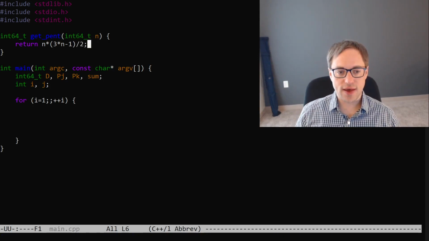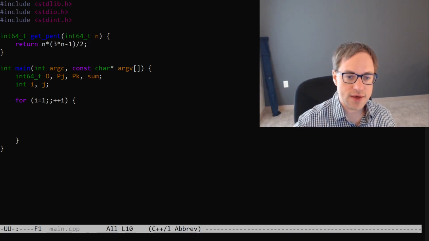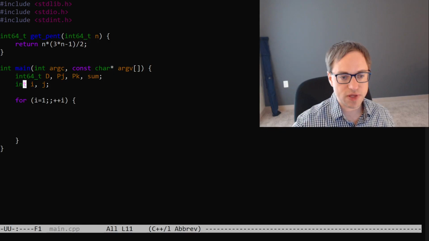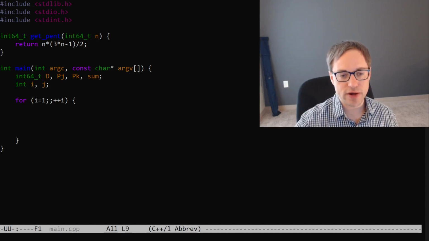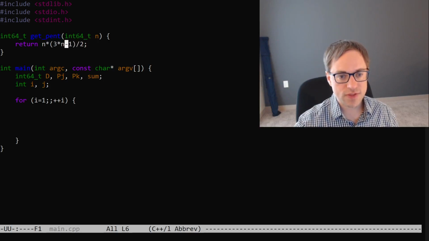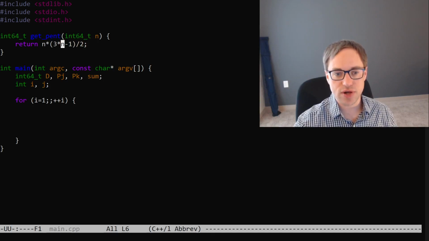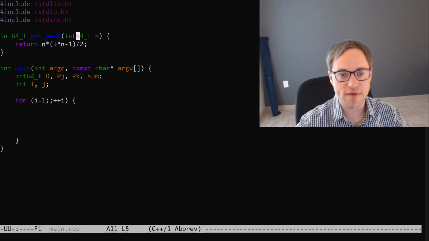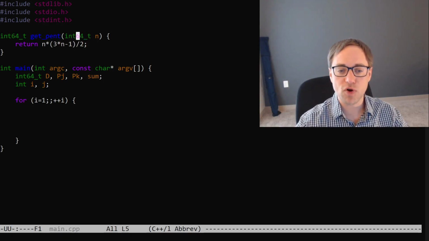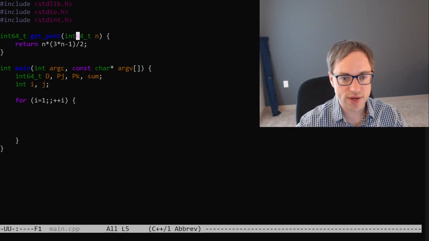One note that I will make is that though the indices are typically quite small compared to the pentagonal numbers themselves, this calculation can overflow a 32-bit integer if you're not careful. And so I made this argument a 64-bit integer just to avoid that problem.